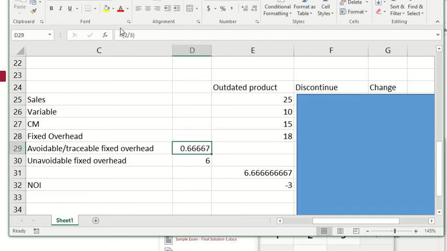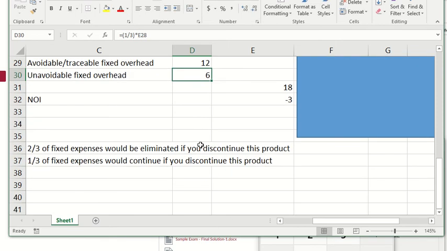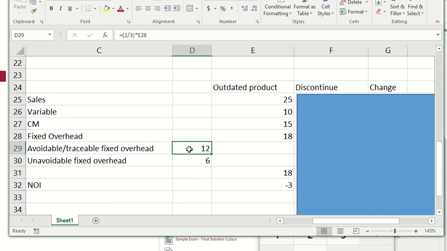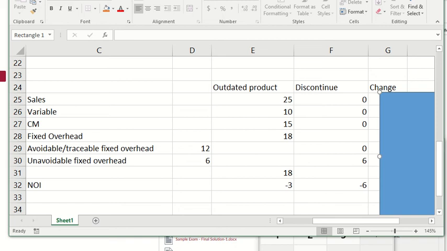Oh, we gotta times it by the 18. There you go. So first, identify the ratio that's going to be avoided or what's going to continue, right? I still have to pay for these no matter what, and this one I could save. It's a cost savings.